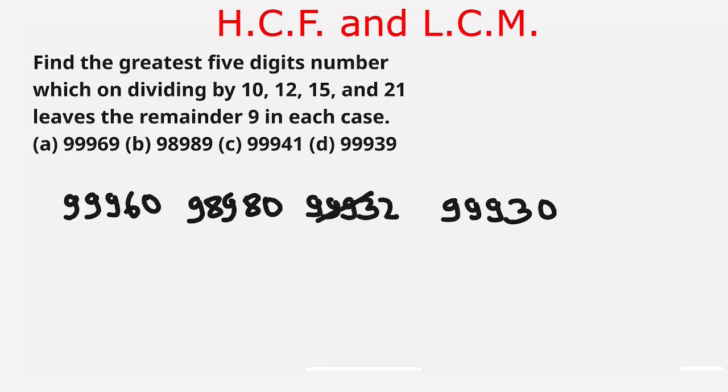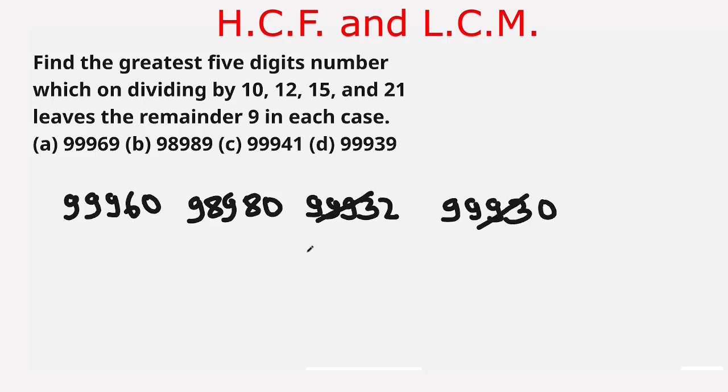So we cancel option C. Now as one number is 12, which is divisible by both 4 and 3, these numbers must be divisible by 4. Option A ends with 60, so it is divisible by 4. Option B ends with 80, so it is divisible by 4. And option D ends with 30, which is not divisible by 4. So D cannot be our answer.